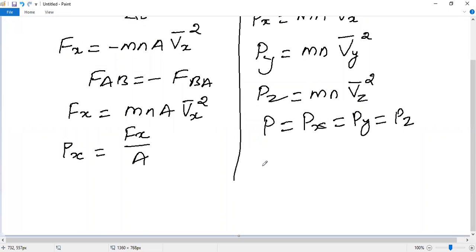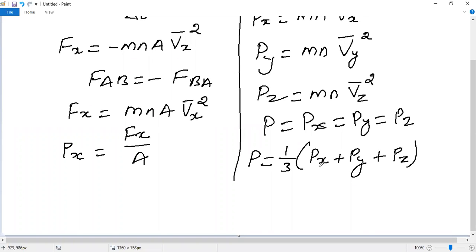Otherwise, you can write it like this also. Pressure equals 1 by 3 of Px plus Py plus Pz. Applying it, there is a common mn; the only variables are Vx bar square, Vy bar square and Vz bar square.